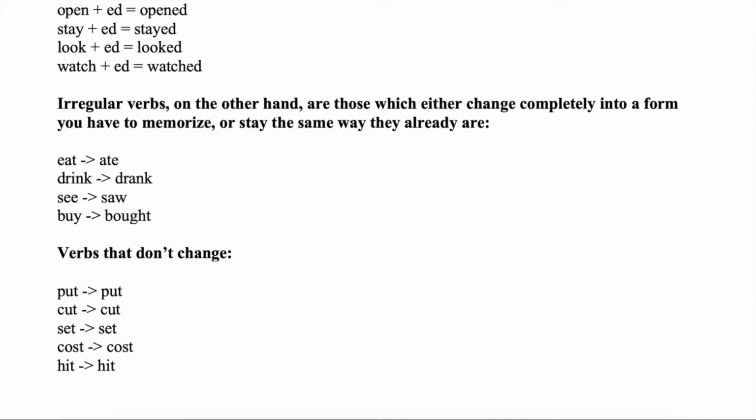Irregular verbs, on the other hand, are those which either change completely into a different form, like eat, ate, drink, drank, see, saw, buy, bought, which you have to memorize in lists, or stay the same way they already are, like put, put, cut, cut, set, set, cost, cost, hit, hit.